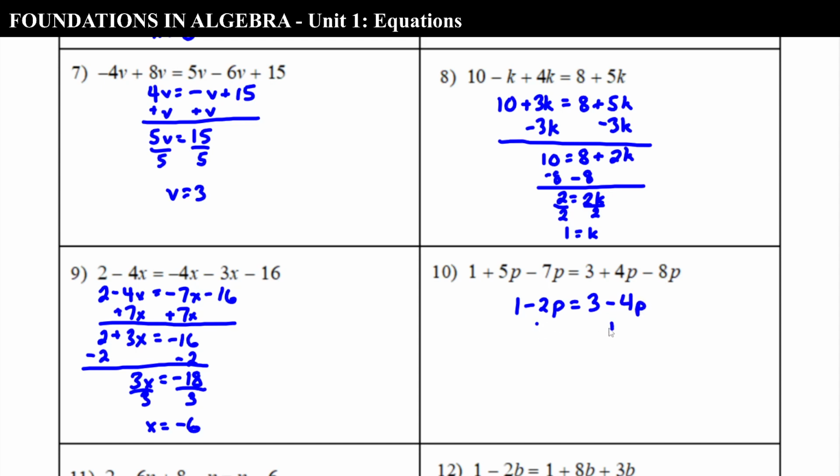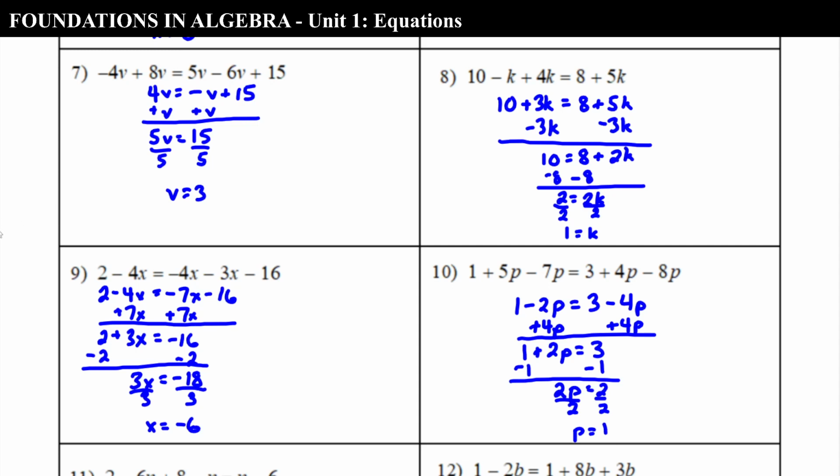Let's add 4p to each side. That's going to give us 1 plus 2p equals 3. Subtract 1. That's going to give us 2p equals 2. And when we divide by 2, we get p equals 1.